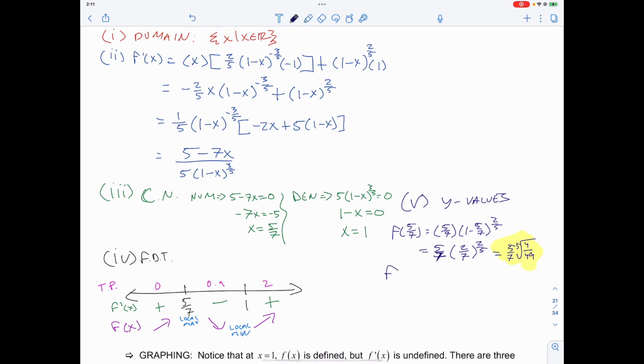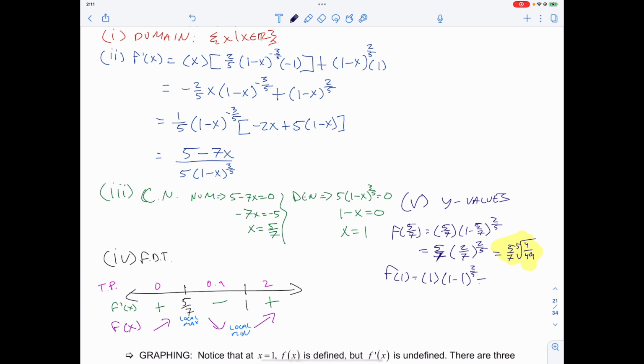I can have f of 0 is equal to 0, and then 1 minus, 1, not 0. F of 1 is equal to 1 times (1 minus 1) to the power of 2 over 5.